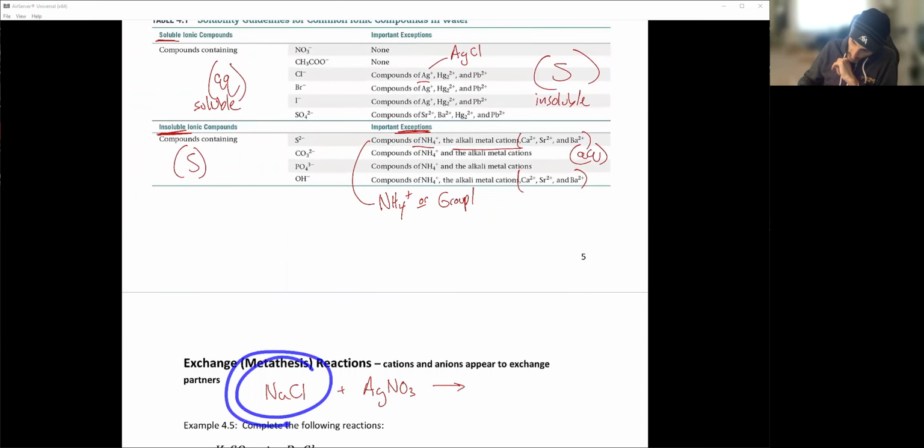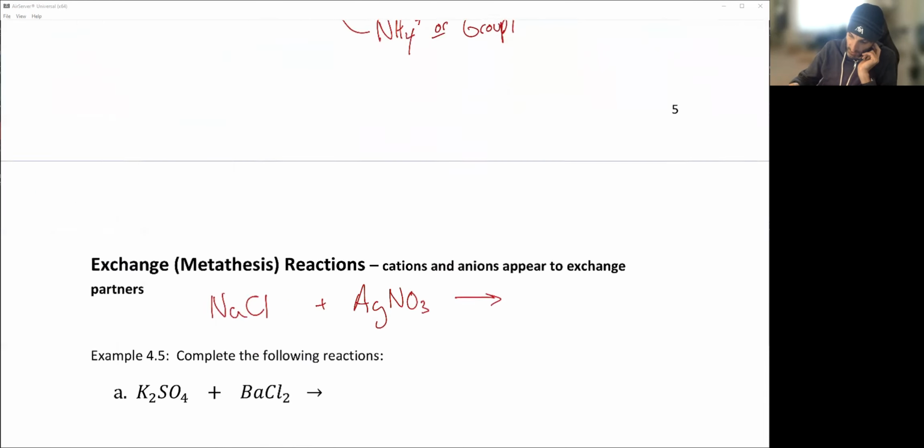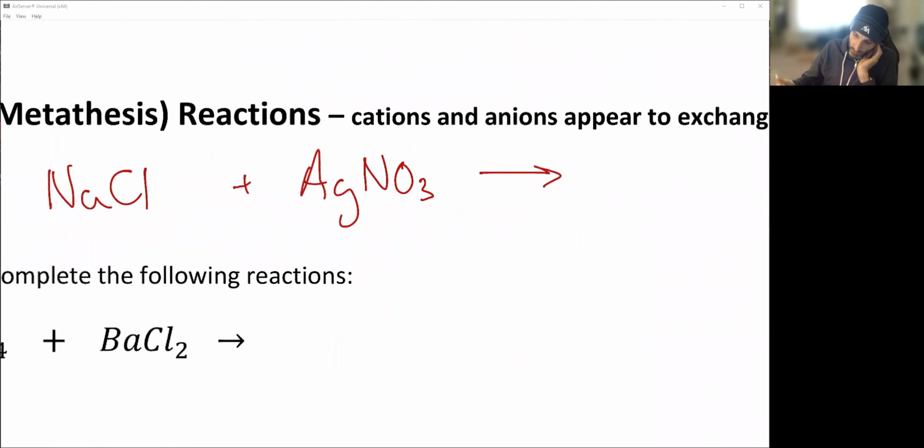First of all, we have to decide the phases of these individual things. Actually, before we even do that, let me take a look at these. Say sodium chloride, and here's my sodium. I'm going to use different colors for this to make it more evident. Here's my chloride. Here's my silver. And here is my nitrate.